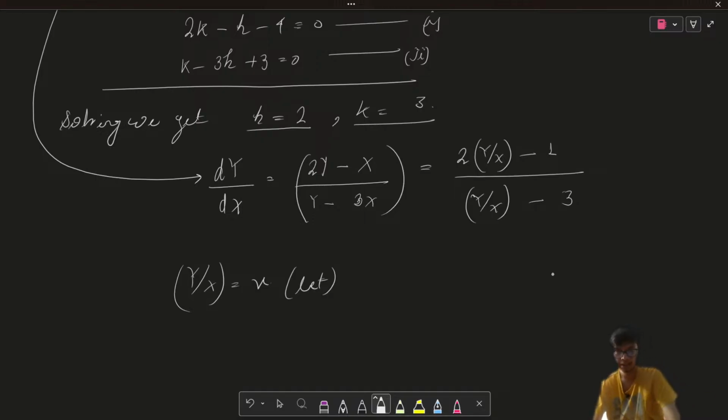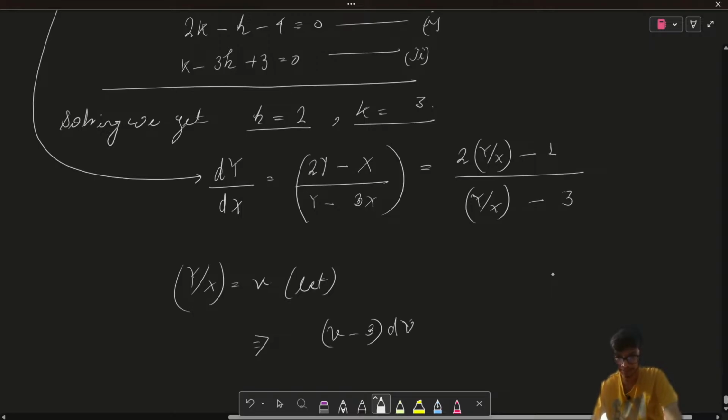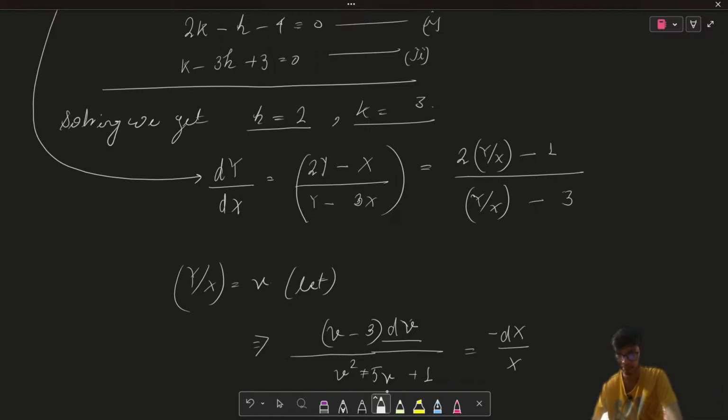So our differential equation will be like this: (v minus 3) dv upon dX, divided by v square plus 5v plus 1, is equal to negative dX upon X, in variable separable form.